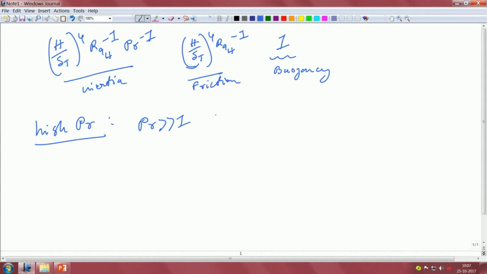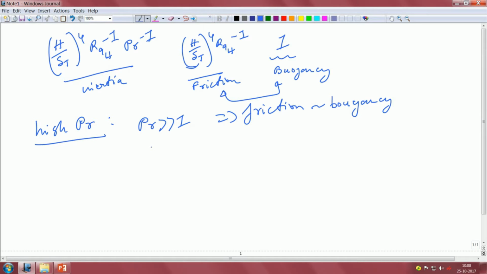So, when Prandtl number is much greater than 1, friction is basically balanced by the buoyancy. So, friction and buoyancy balance each other. In other words, these are the two terms which balance each other.